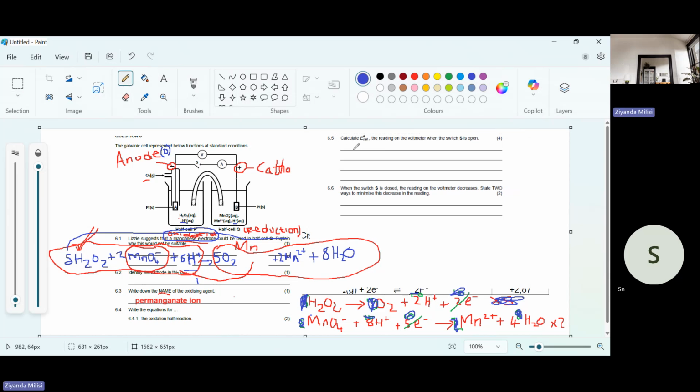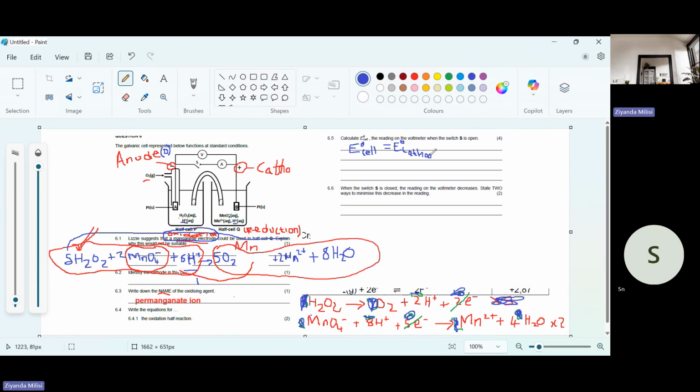So you know how to calculate this one. You say E naught cell. You can go to your data sheet. Your data sheet does give you. It's E naught cathode minus E naught anode, is it? Yep. There is a mark for writing the correct formula.